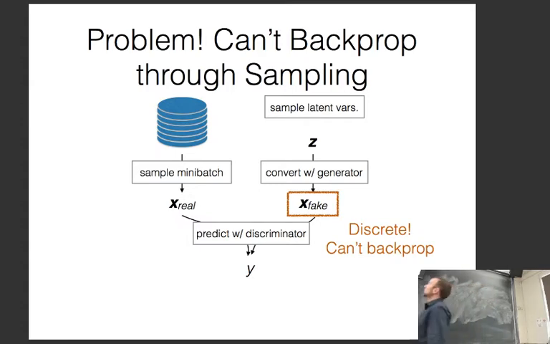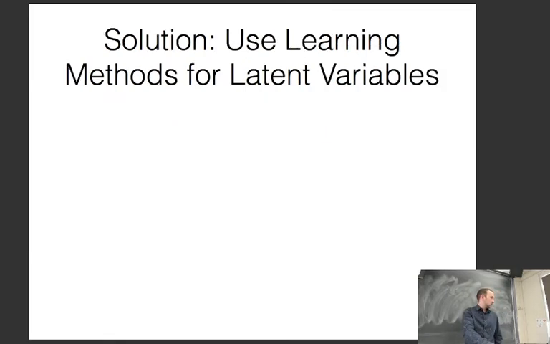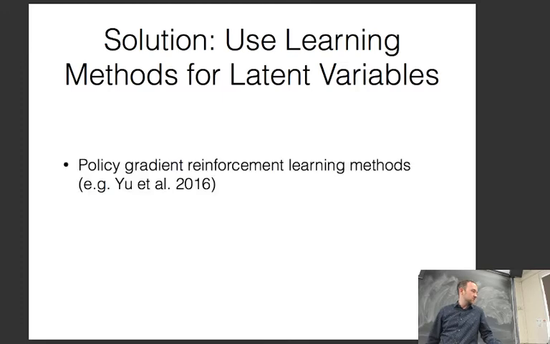Specifically here, when we generate X fake with the generator, this is a sequence of discrete symbols, so we cannot backprop through it. But luckily, over the past 3 classes, I've talked about a whole bunch of different ways to solve this problem.